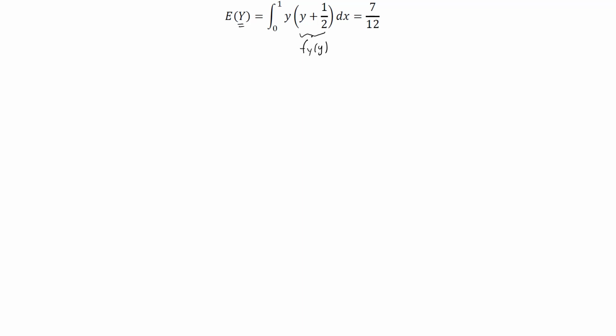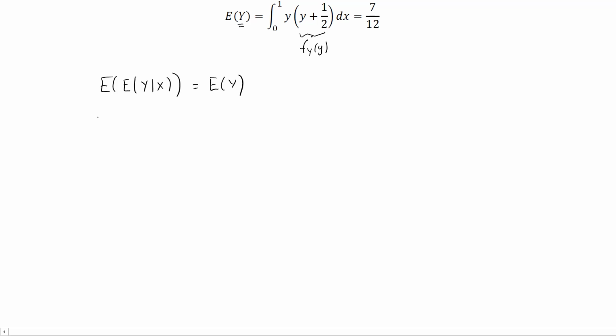So let's do the proof for the continuous case. Doing it in the discrete case is very similar, we just use sums instead of integrals. So let's prove that the expected value of E[y given x] is the unconditional expected value of y.